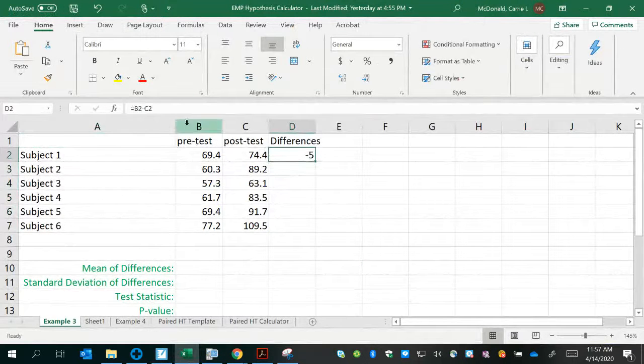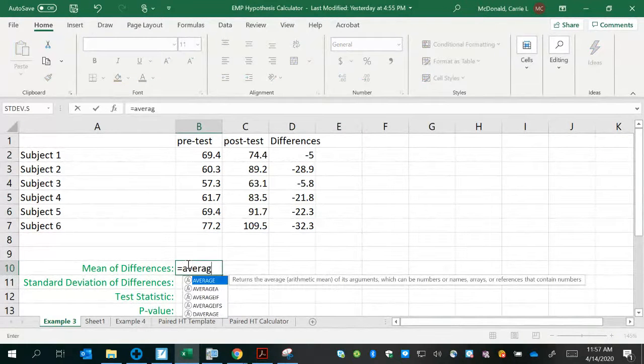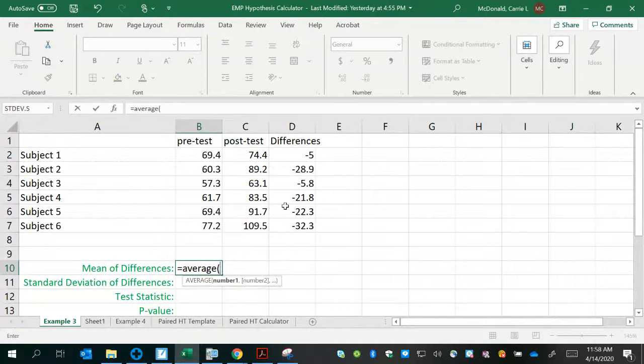Let's first calculate all the differences. I can drag this formula down, or you can do them each by hand. Then we want the mean of differences. So I'll use the average function in Excel.